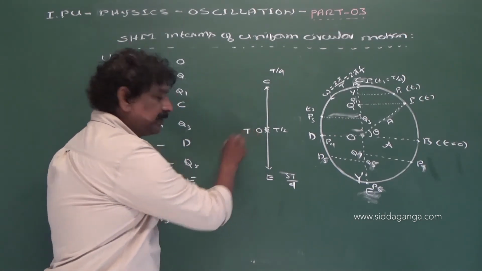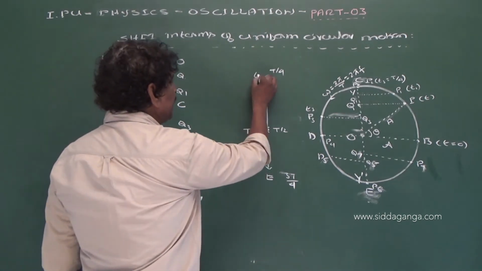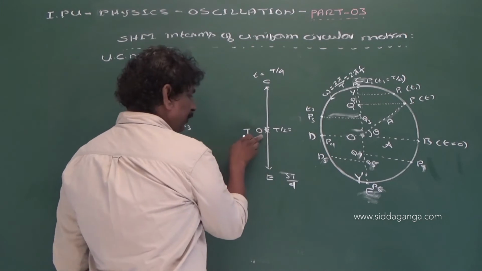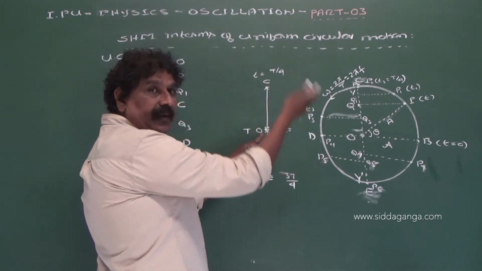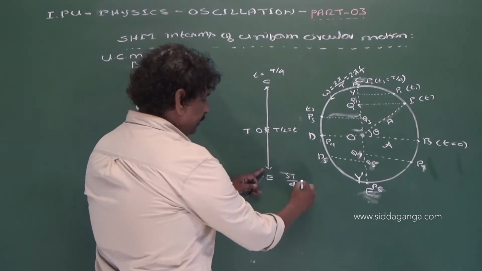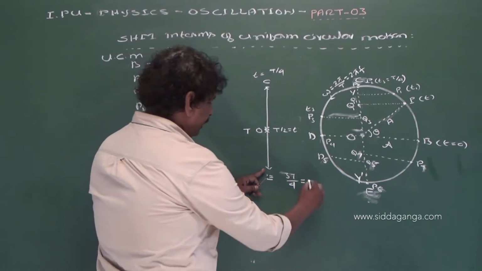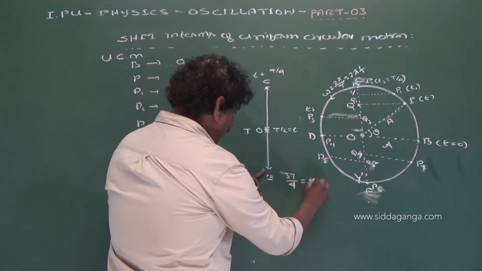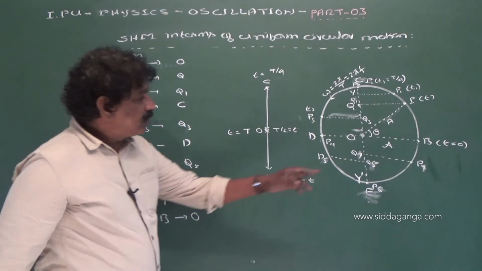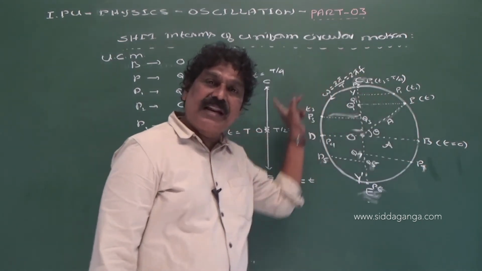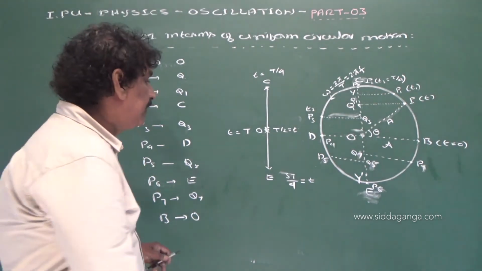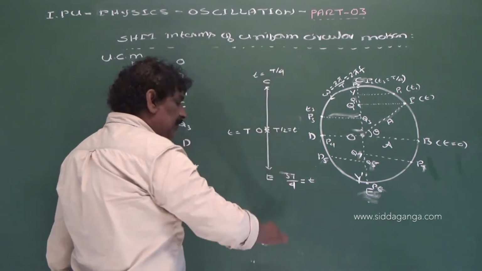Now the time taken. Here the time taken to reach C is T by 4. The time taken to reach O, not from C to O, the entire time from t equal to 0, and the time taken to reach the point E is 3T by 4, and then t is equal to T. So in the entire uniform circular motion of the particle, in one circular motion, the foot of the perpendicular executes simple harmonic motion.